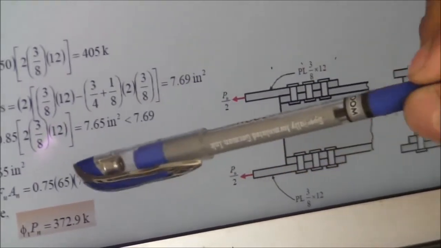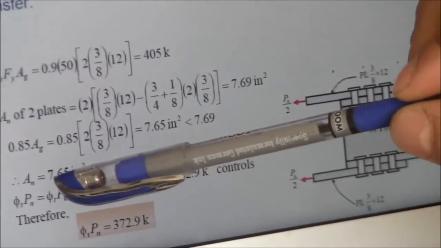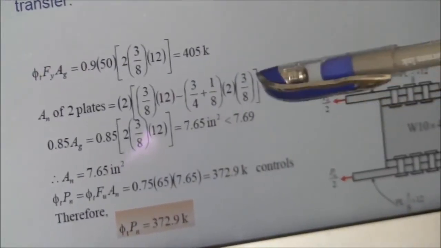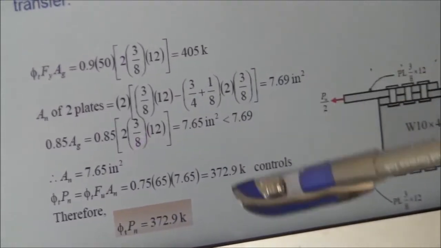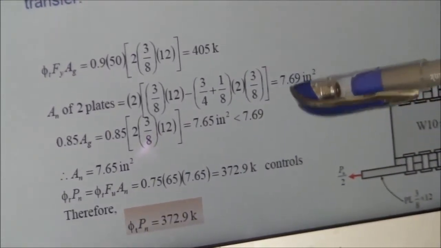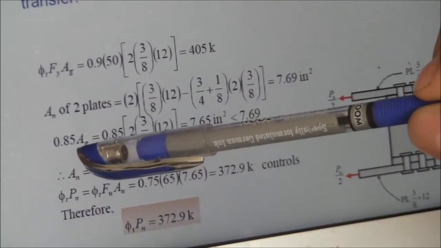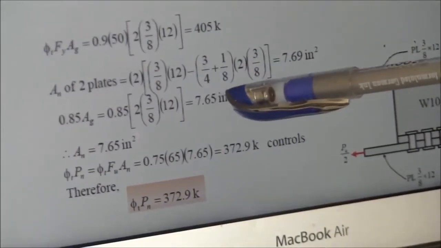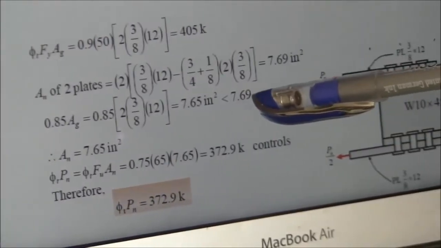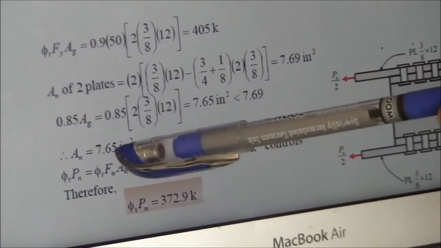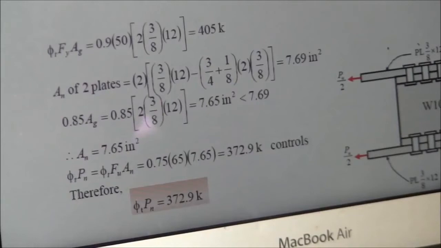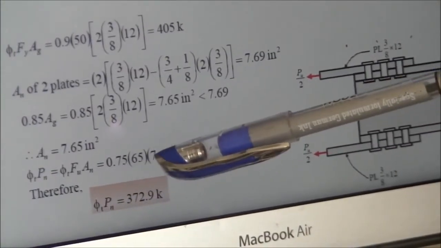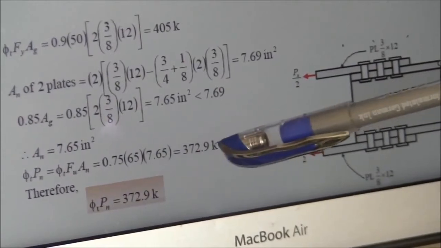So you calculate AN as 7.65. AN here must be less than 0.85 A gross, so you check that. 0.85 A gross equals this, so it's less than 7.65. So he used 0.85 A gross, and he calculated the fracture limit state 0.75 times 65 times AN, which is 372.